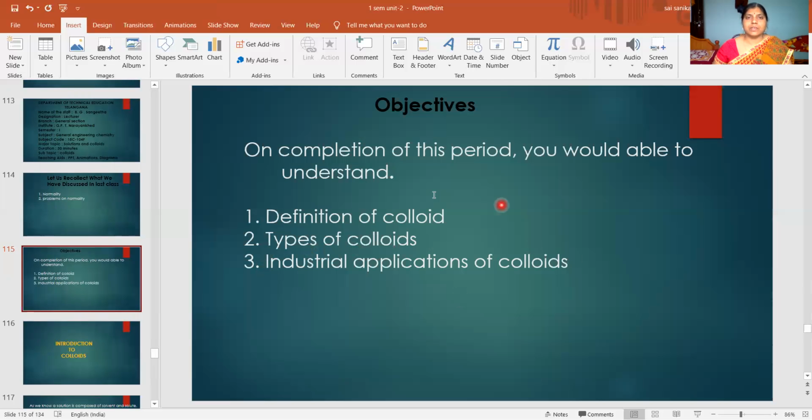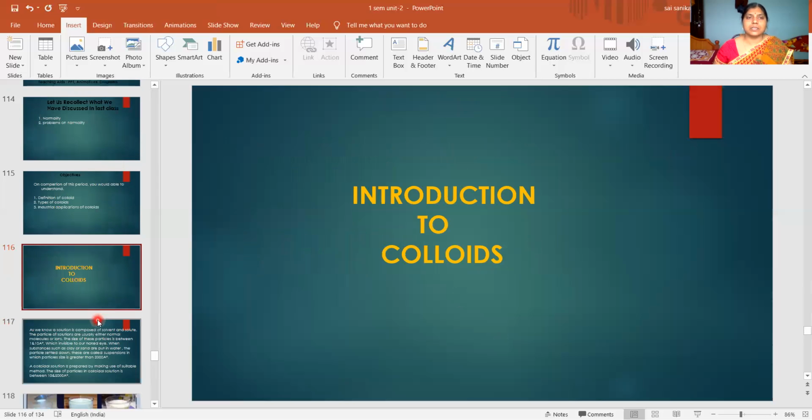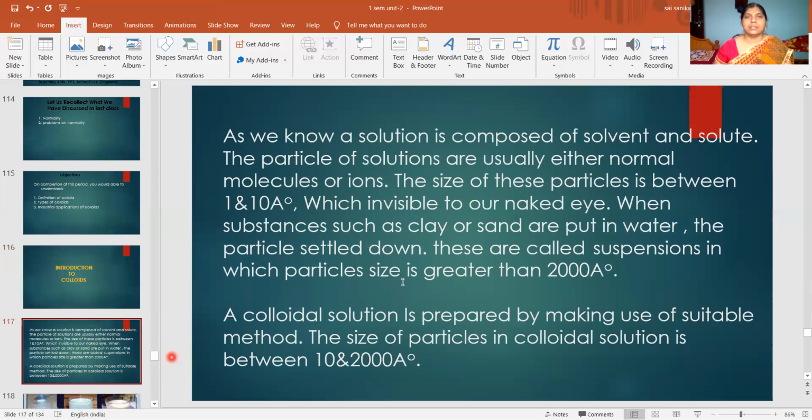Now we see the introduction to colloids.